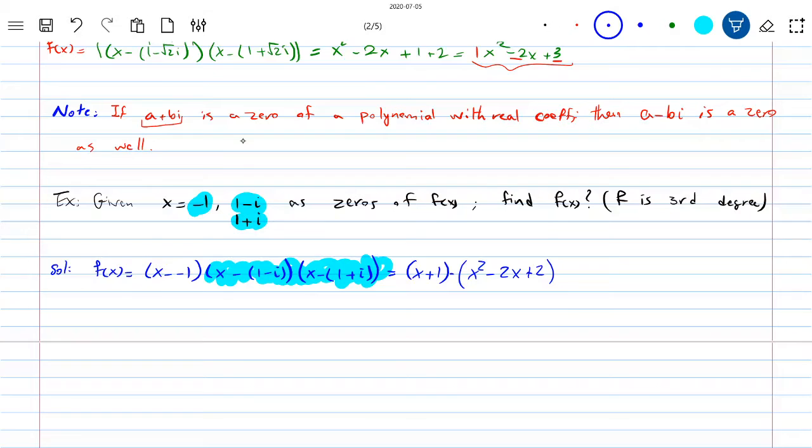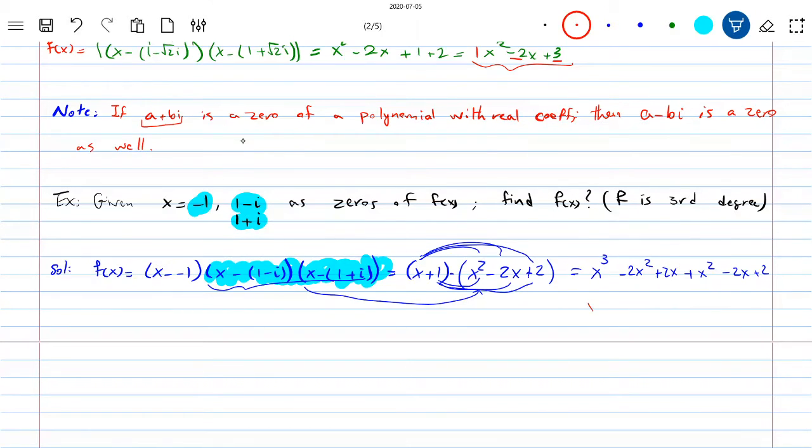Now again, if you multiply these two, what you get is exactly this parentheses. And now you can distribute x times that, x times the other one, and so on. I just used that shortcut so I don't have to distribute too many terms. What you get is x cubed minus 2x squared plus 2x plus x squared minus 2x and plus 2.